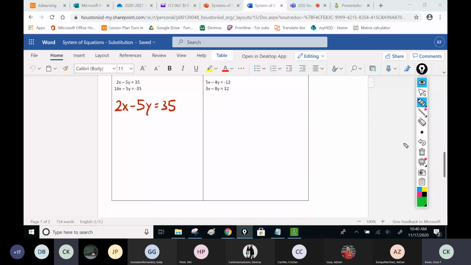If I want to solve for x, I have to move the 5y to the right. So I'm going to plus 5y on the left and on the right. Minus 5y and plus 5y cancel out.